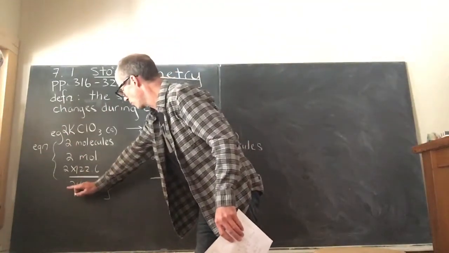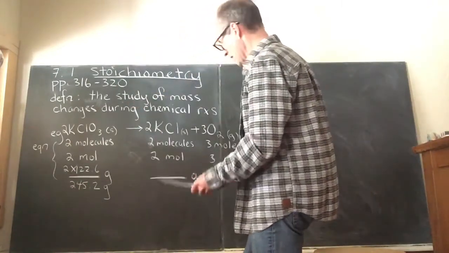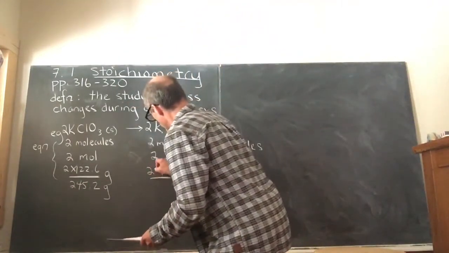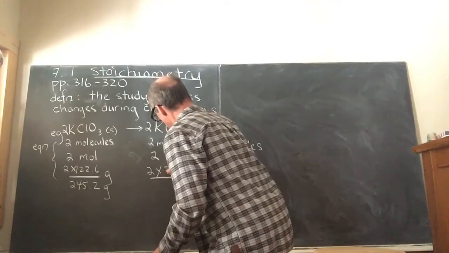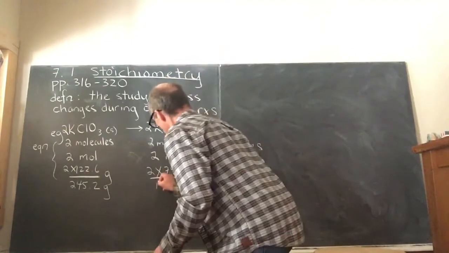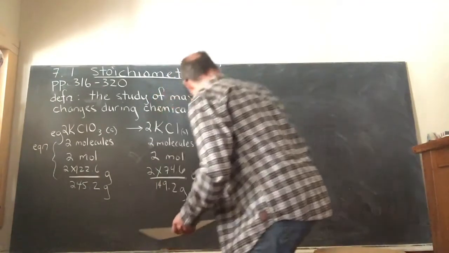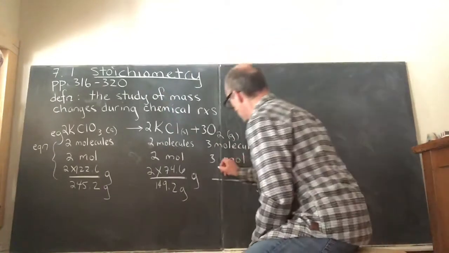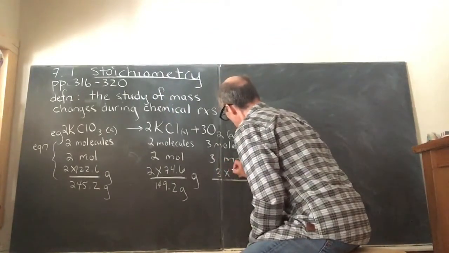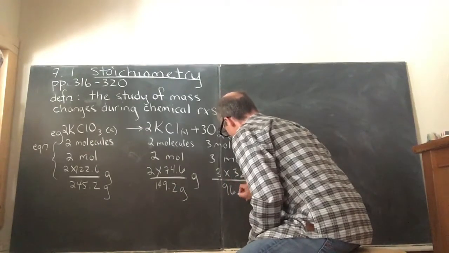So for every 245.2 grams of potassium chlorate we begin with, we get 2 times 74.6 grams of KCl, which is 149.2 grams, and we get 3 moles of O2, which is 3 times 32, which is 96.